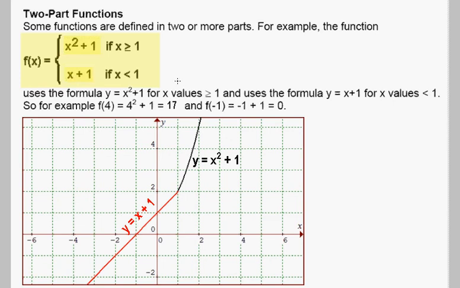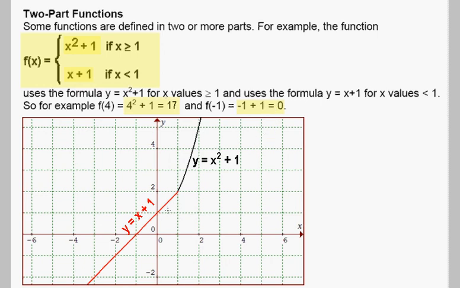And I've done a few sample values below here. If x is 4, f of 4 will use the top formula, and we get 4 squared plus 1 equals 17. If the input value is x equal -1, we use the bottom formula, and f of -1 is -1 plus 1, which is 0. I've graphed this function.